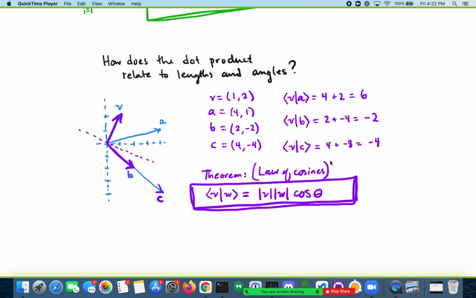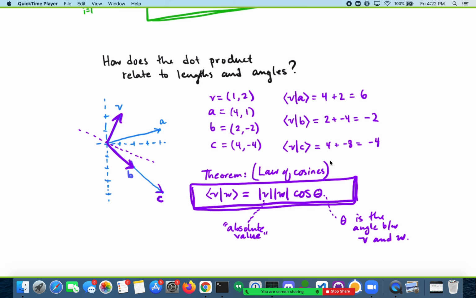So now, what are these things? I have to tell you what these are. So theta is the angle between V and W. Now what is this? This looks like absolute value notation. Well, it's a symbol.